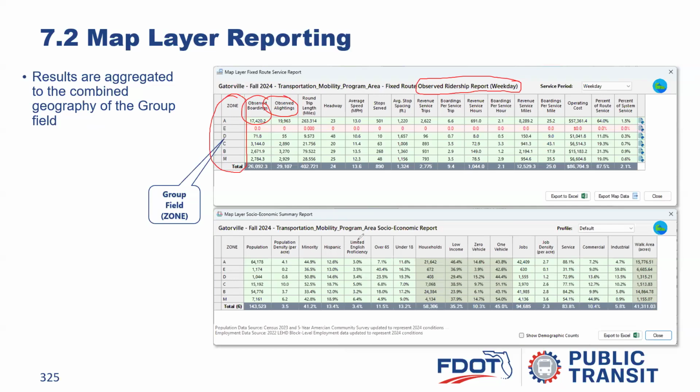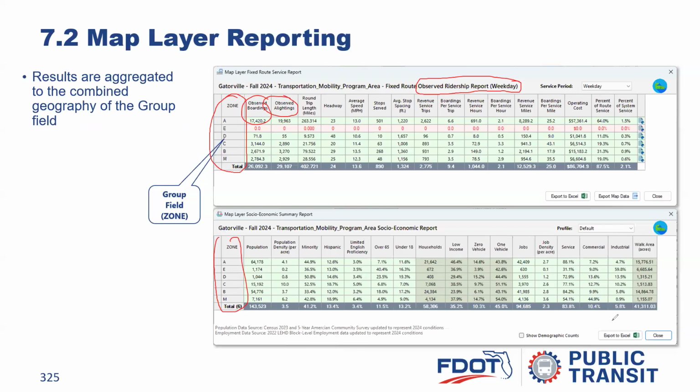And this is the socioeconomic summary. So this has zone again, and then it has population, density, et cetera, right? So same reporting type and structure, but now we're showing it for the socioeconomic in the area. So if you're thinking about what are the possibilities of what I can assess, it really is just dependent on what kind of structure you have for your map layers and what layers you want to put in terms of polygons.